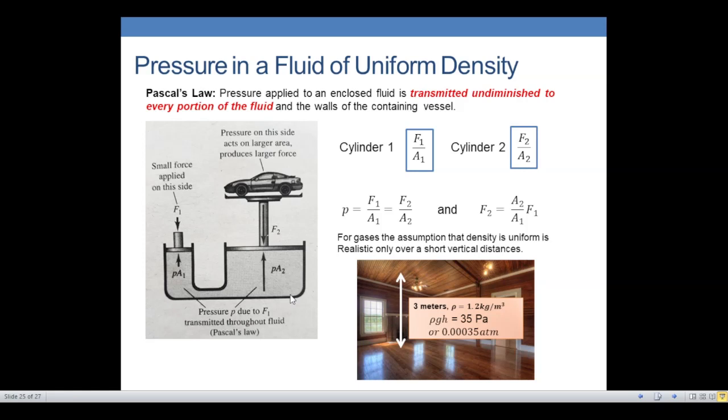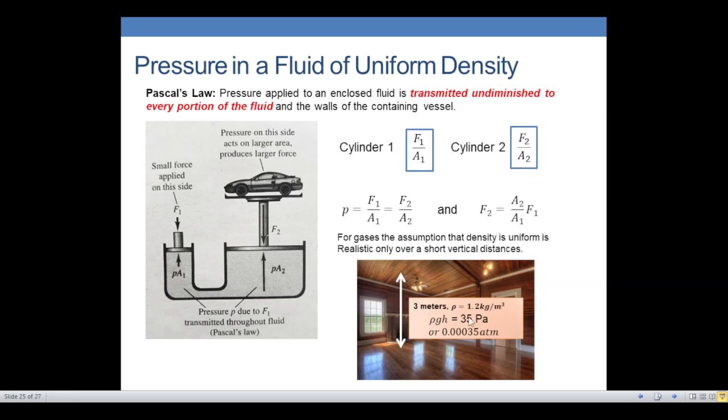Okay. Now, for gases, we have the assumption that the density is uniform. However, for gases, that is only true at short vertical distances. Right? Okay. So, we have here the example, the ceiling and the floor that is actually 3 meters away, no?